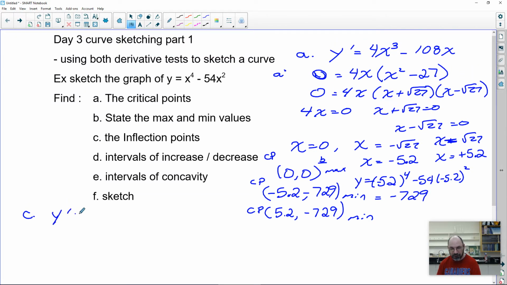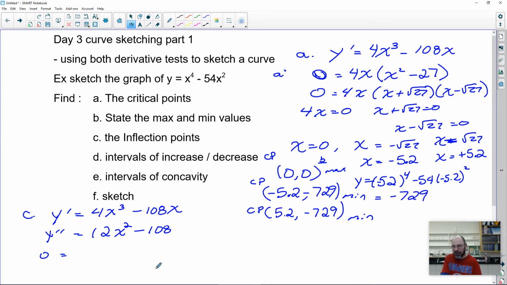y prime equals 4x cubed minus 108x. So we'll do y prime prime: 12x squared minus 108. Let's not forget the squared. 12x squared minus 108.